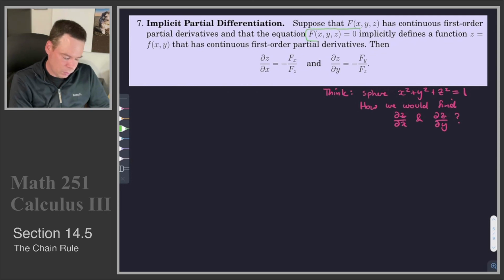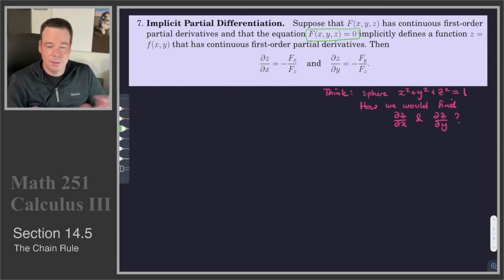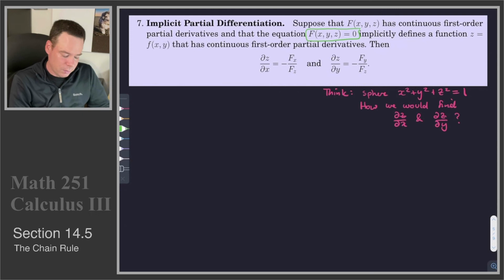So the main setup is we've got a surface which is defined by an equation, and what we'll do is rewrite this equation of our surface as everything involving x, y's, and z's and all the constants on the left hand side, and we'll just make it 0 on the right hand side. Now that we've got an expression involving x, y's, and z's, we can think of that as a function.